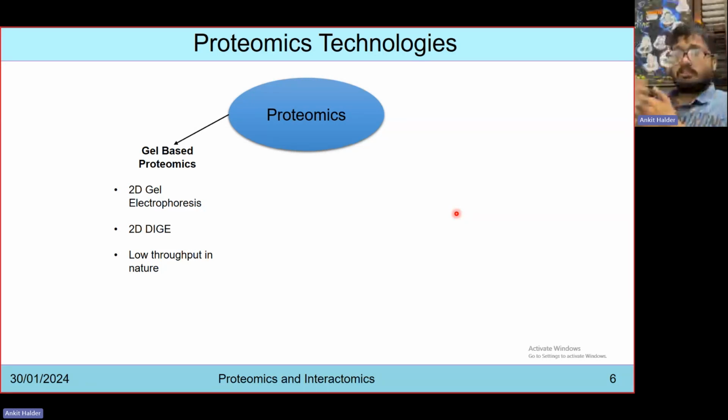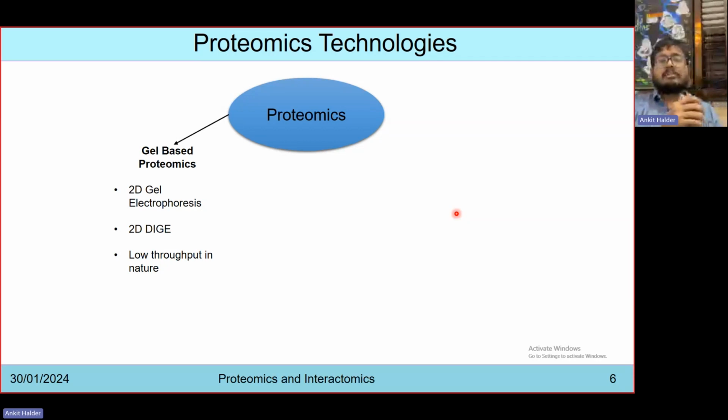It started from here, and it is also a very good and robust way to understand that in a single go, if you profile the proteins of any organism and run them in the gel, you get the protein profile, and then try to find the differences, for example how the protein profile of X differs from Y, but it is low throughput in nature.